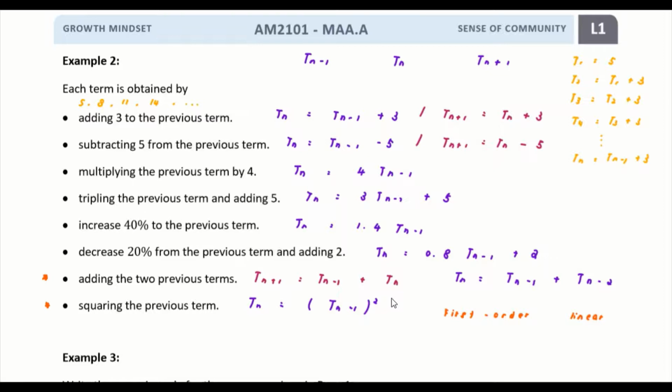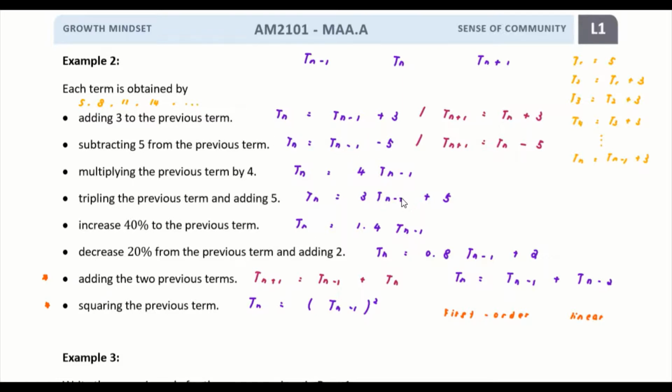But just to tell you that all the applications we are going to solve under this particular topic will be based on first order linear only. So for all the relationships here, what we are using is just first order. How are we going to get Tn? It's just by using Tn minus 1.